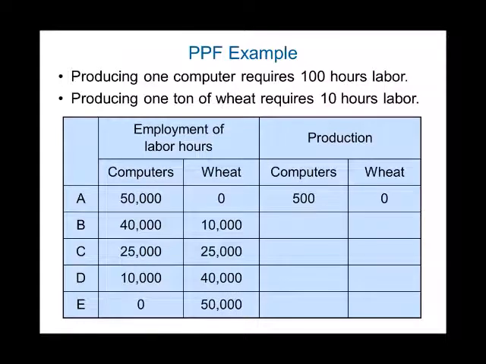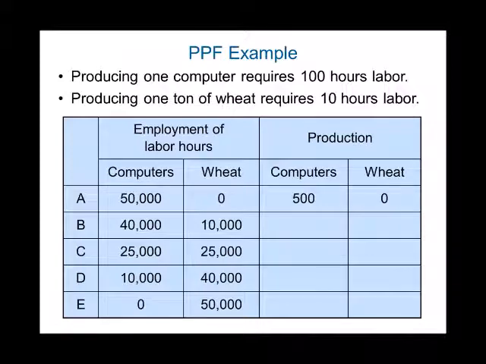Now let's say we divide it up in different fractions. In scenario B, we're using 40,000 hours of labor to produce computers and 10,000 hours to produce wheat. Note that if you add those two numbers up, you still have 50,000 hours of labor.